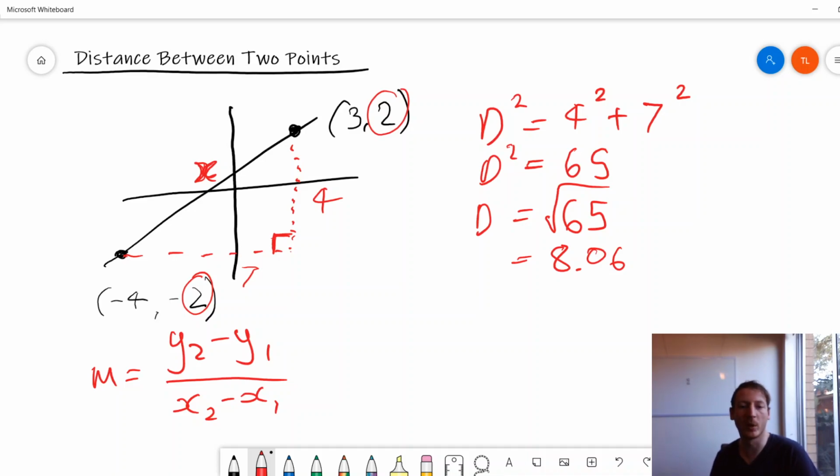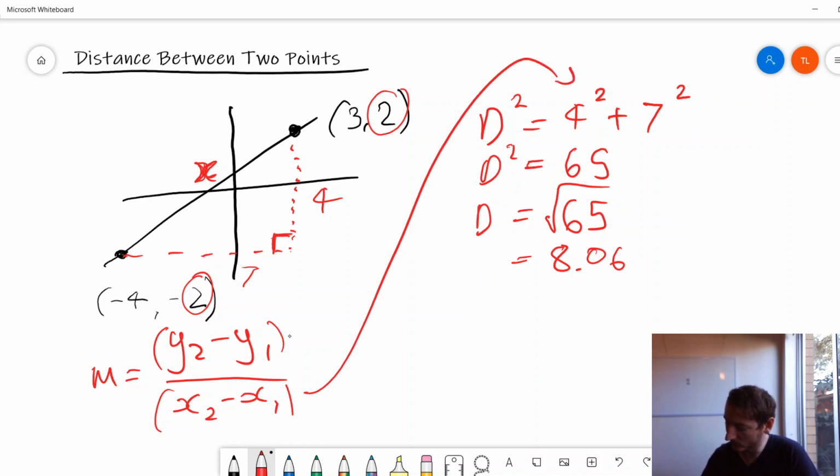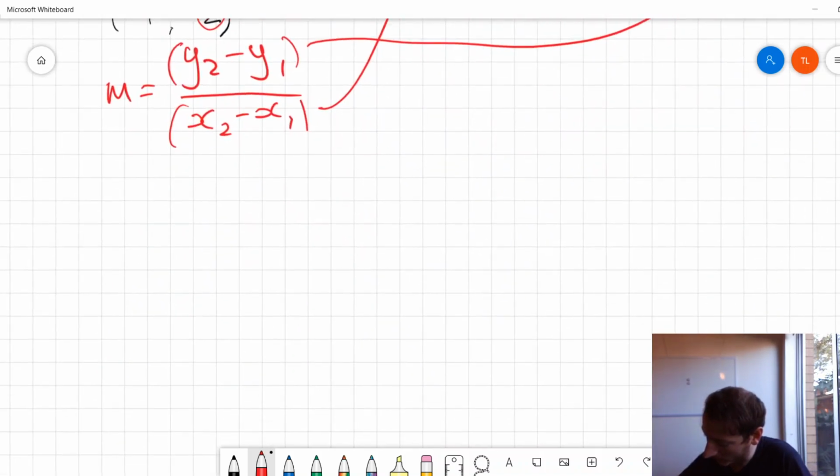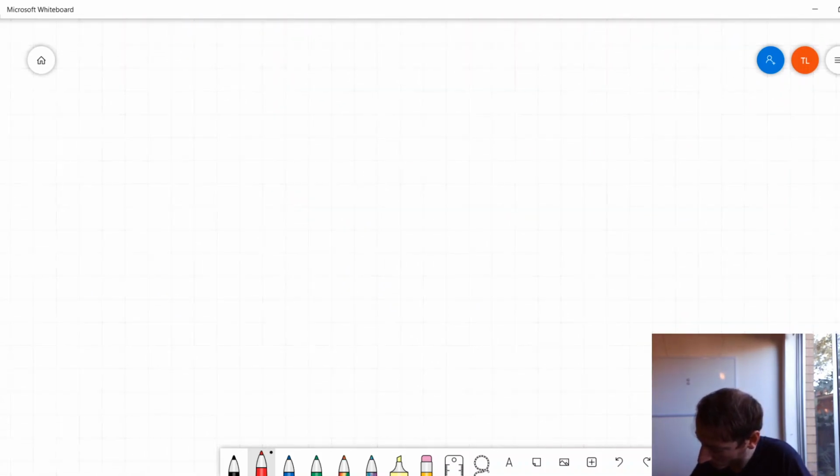So it got us the distance both times. We're going to use that to get the distance in the y's, and that to get the distance in the x's. So let's write it out nice and formal and then have a go at using the formula.